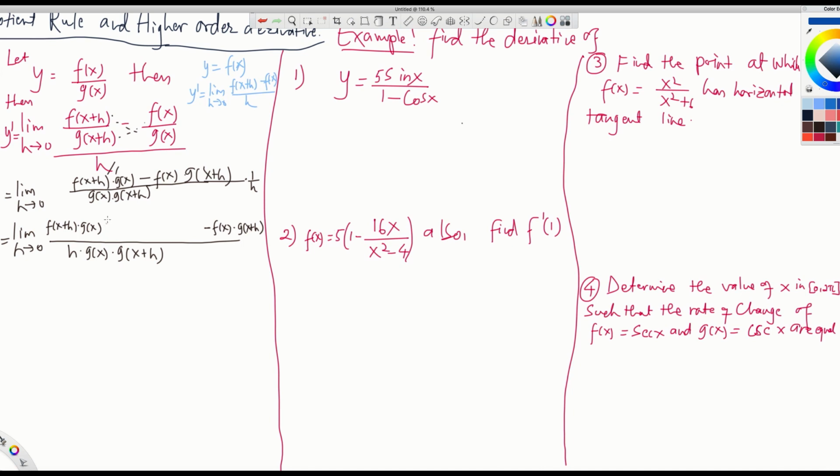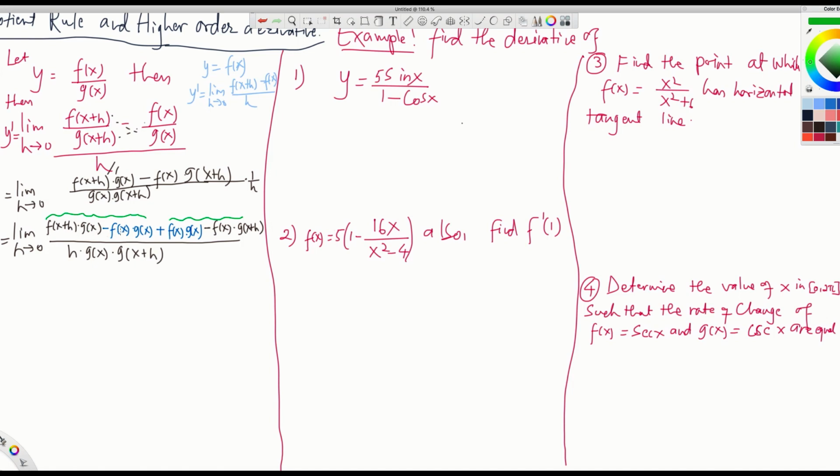And then for the numerator here, for this gap part, I'm adding and subtracting something. So what I want to do is minus f of x times g of x, and then plus f of x times g of x. That's what I'm going to do. Okay, now let us look at the first group and then the second group. First two terms are the first group and the last two terms are the second group.